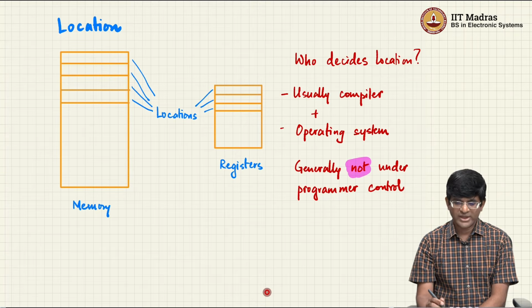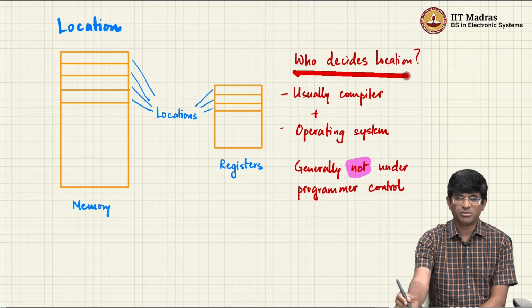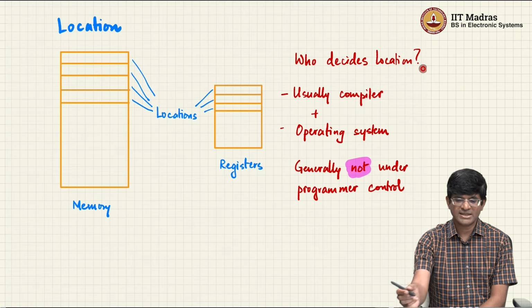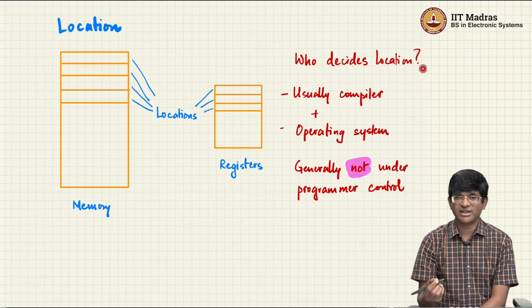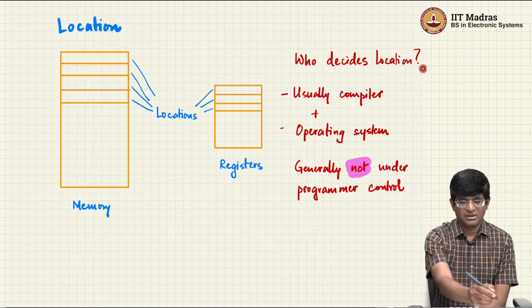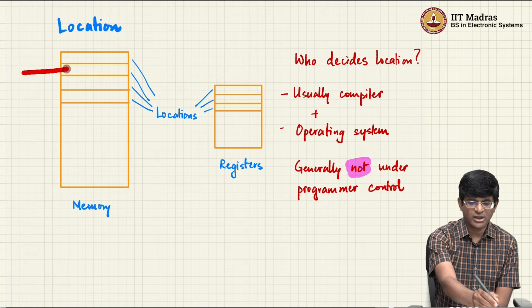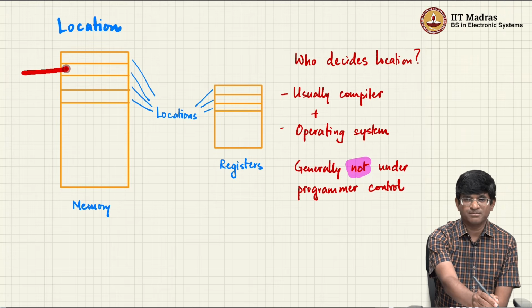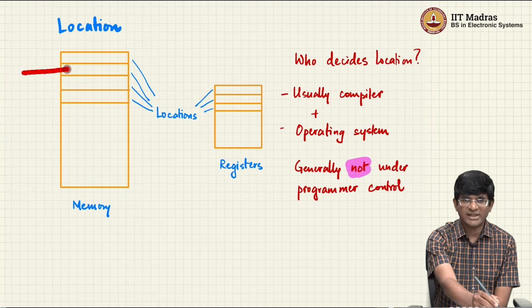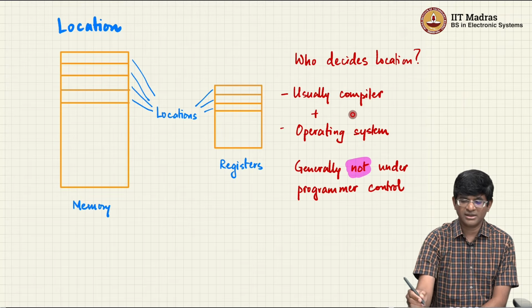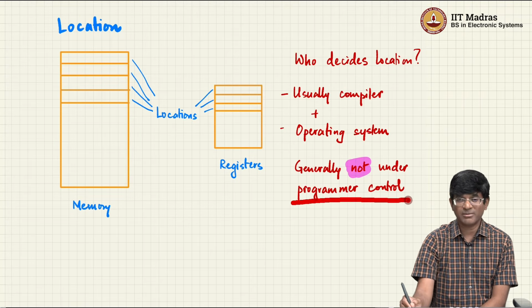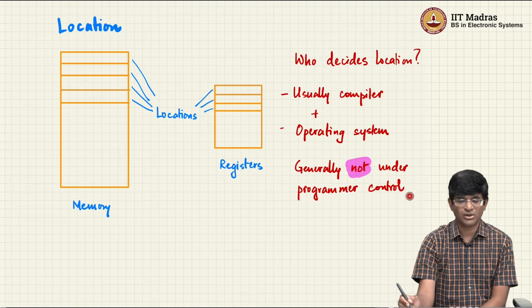One other question that might come up is, who decides the location of a particular variable? In other words, how do I decide that this variable which I have called sum should have this particular memory location? The short answer is I don't have that level of control. The programming language doesn't give me that level of control in general.